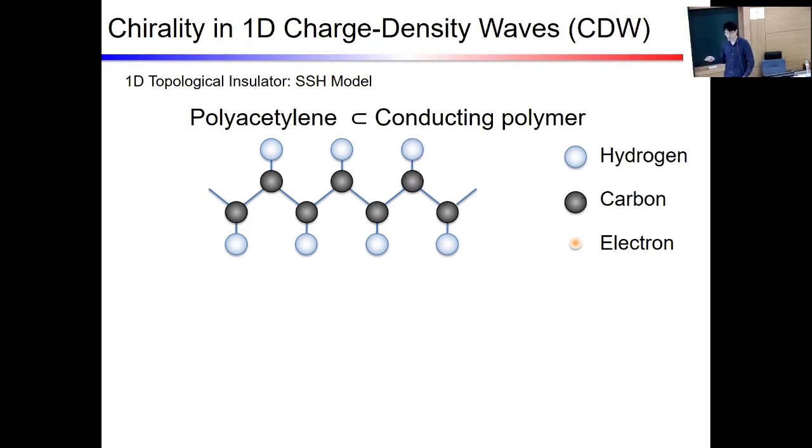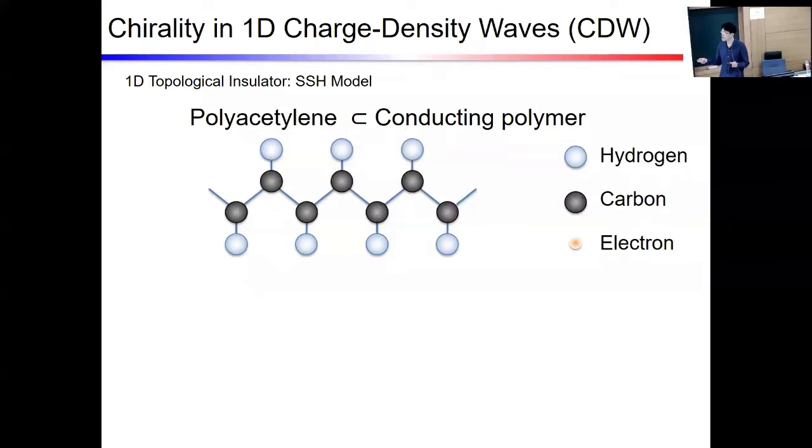So here, a one-dimensional charge density wave. Actually, this model is polyacetylene. It's one of the famous conducting polymers. So this is actually an ideal metal state.